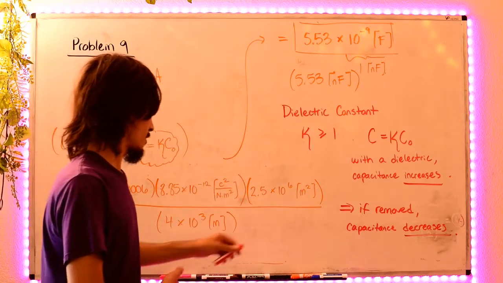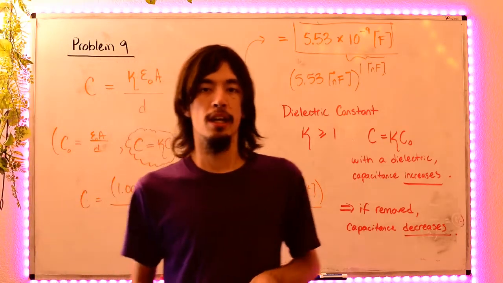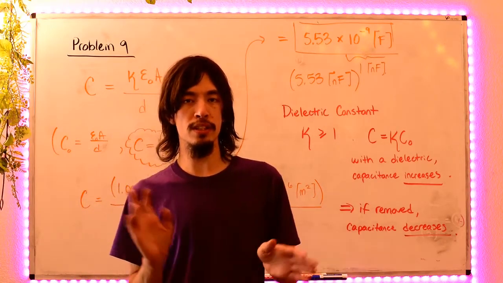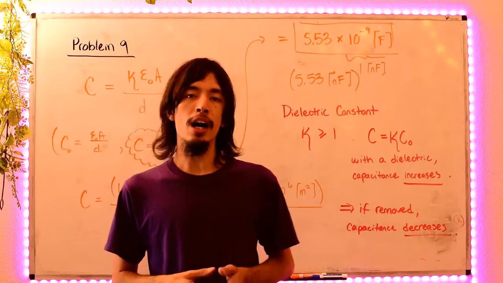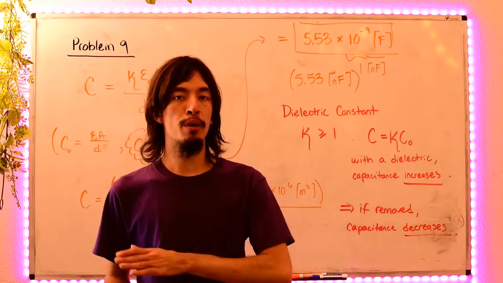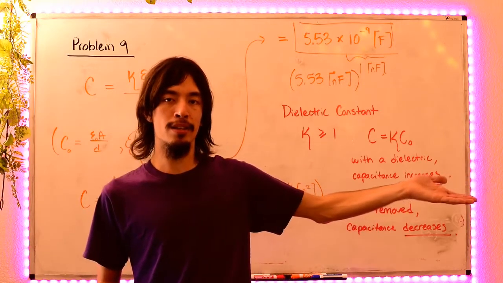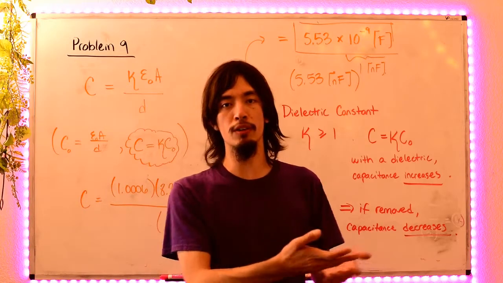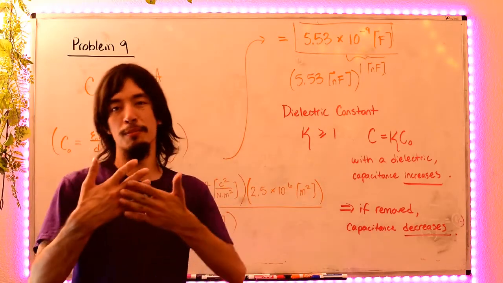Not by much, but by a little bit. In general, if you remove a dielectric material, whatever it is, if it's air, if it's water, if it's paper, whatever the dielectric material is, putting it in will increase its capacitance, either a little or a lot, depending on what you put in between the plates, or if you remove it, it will decrease the capacitance.